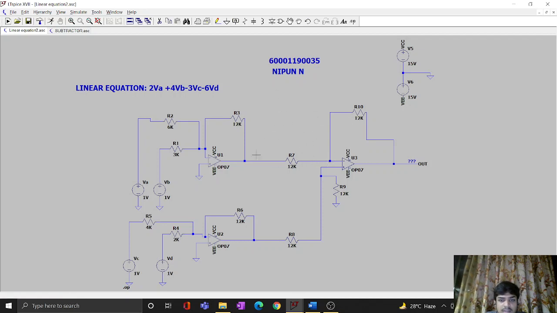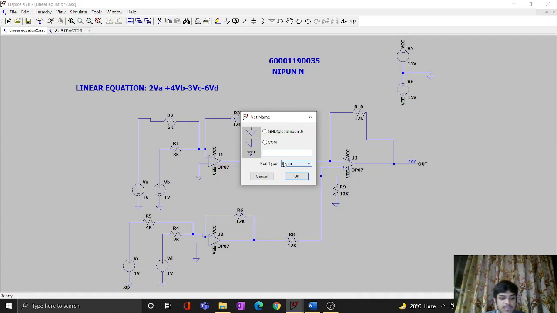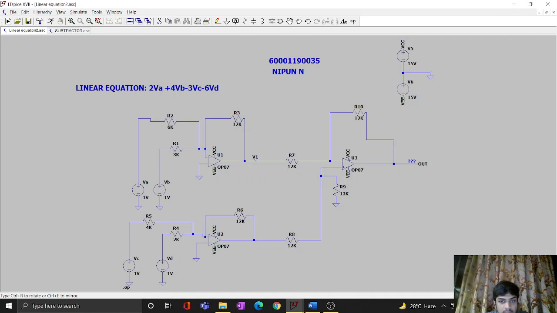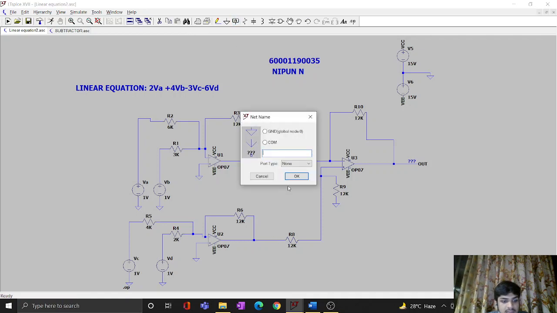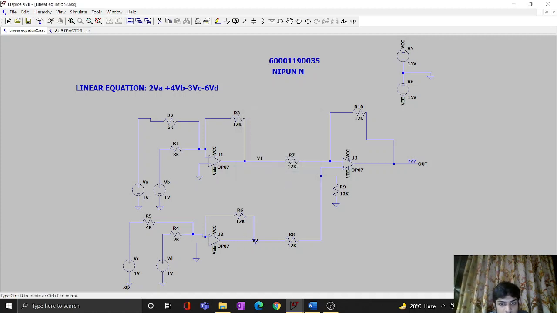How this circuit actually calculates such a value is that basically this first op-amp acts as an adder for 2VA plus 4VB. I'll mark this point as V1, and I'll mark this terminal as V2.